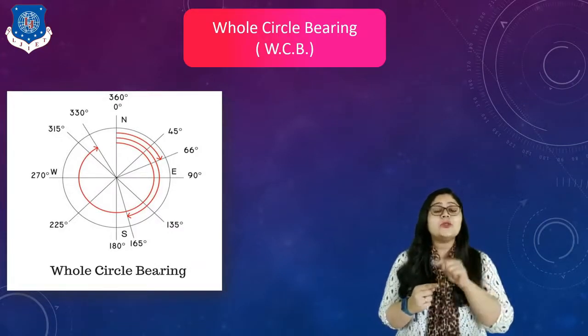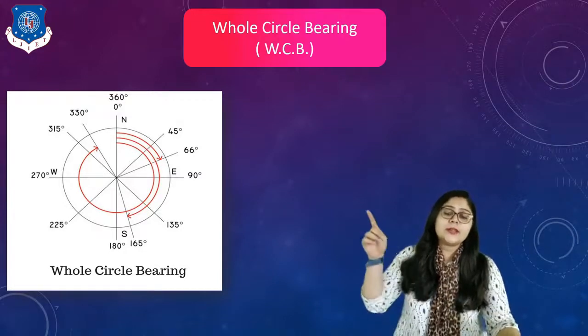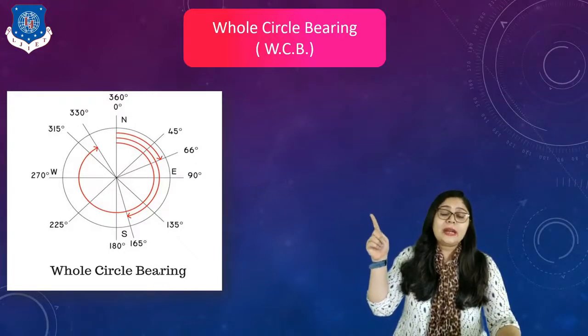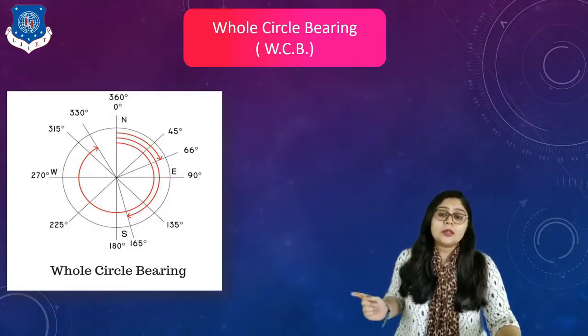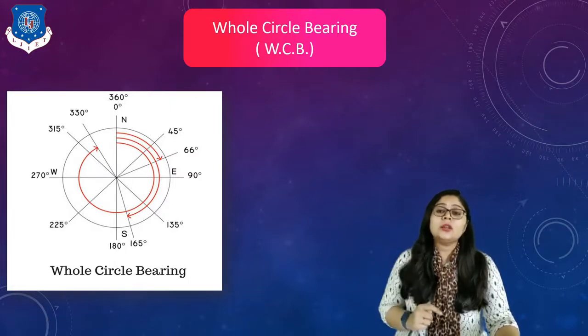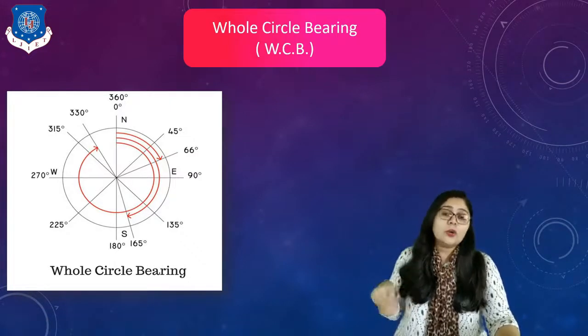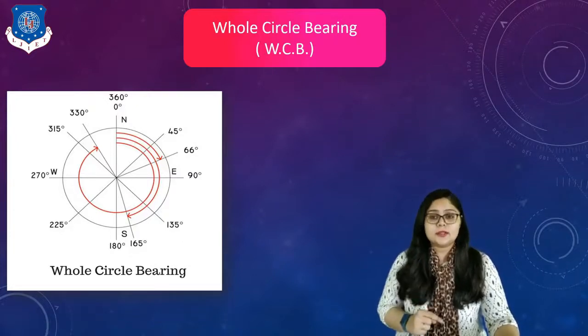It means the range of angle is from 0 degree to 360 degree. Here on screen you can see that on top at north it is 0 degree, on east it is 90 degree, on south it is 180, on west it is 270, and again on north it is 360. It means completing a whole circle, right?